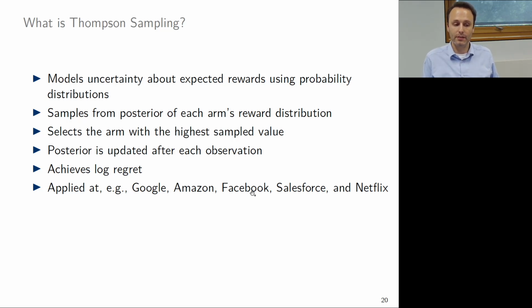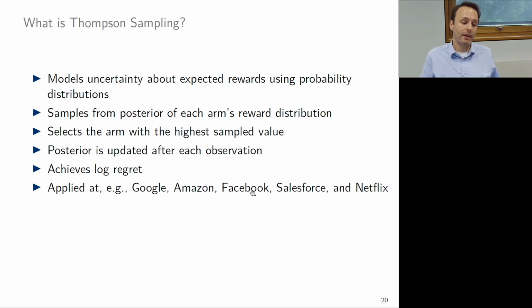It uses probability distributions to do that. It samples from the posterior distribution for each arm to get a reward distribution. And it selects the arm with the highest sample value. So the posterior distribution is updated after each observation. And doing this achieves log regret.